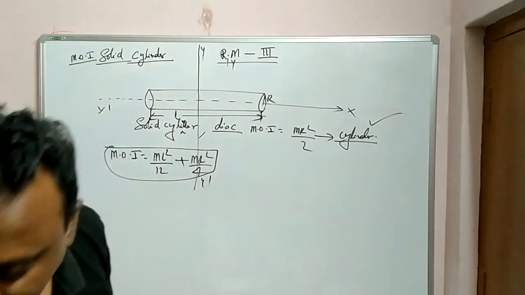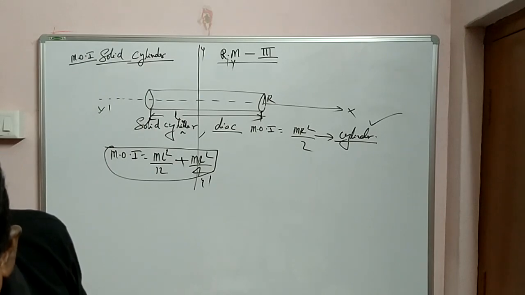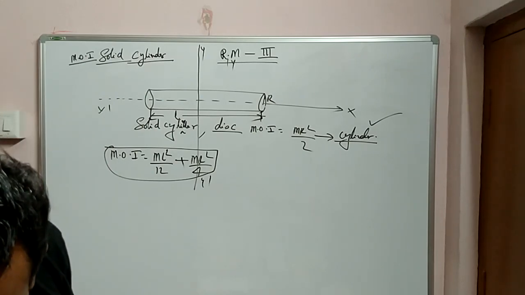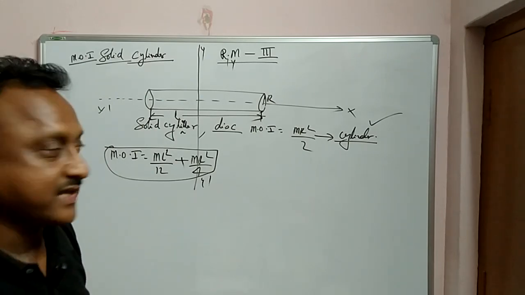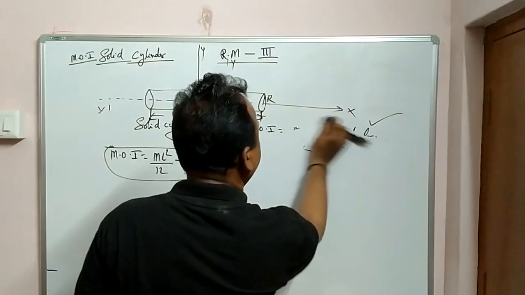Now I will go to the next item, hollow cylinder. The solid cylinder is done. Next I will go with the hollow cylinder.